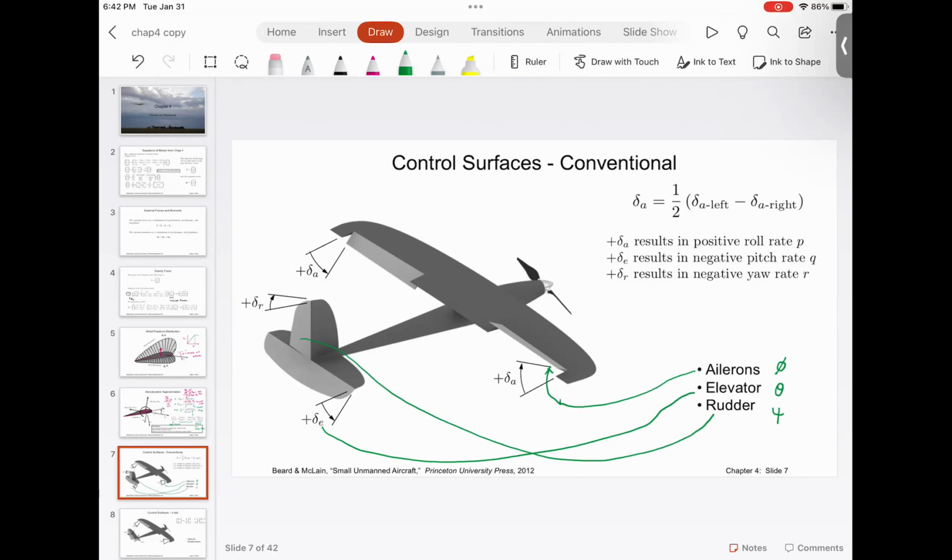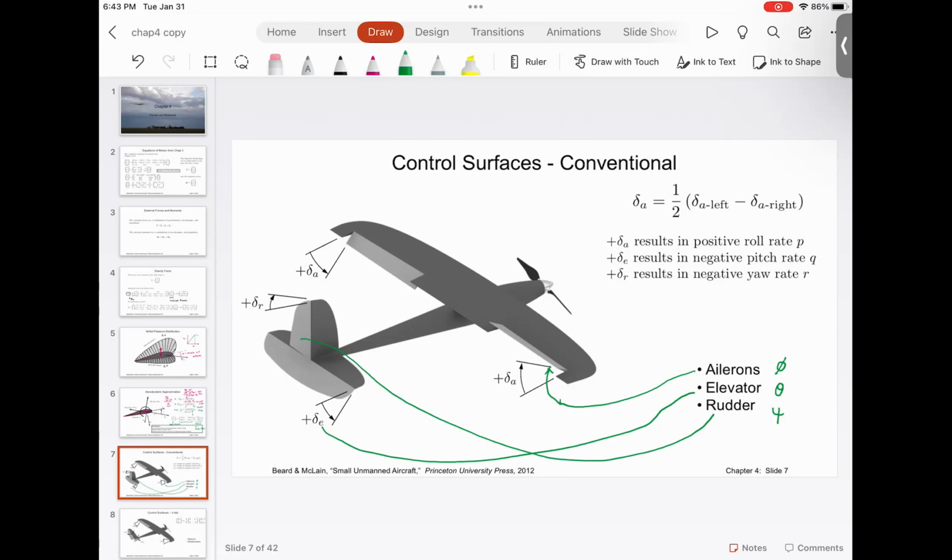If you have a conventional aircraft wherein you have a prop in the front, there are two configurations of the aircraft. One is called the pusher aircraft and the other is called the puller aircraft. If you look at this aircraft, the prop is in front, so it's a puller configuration.